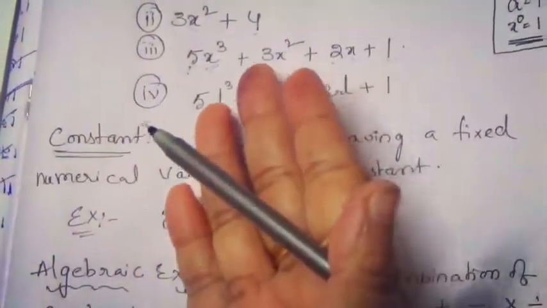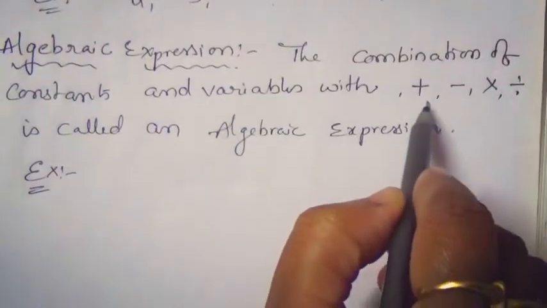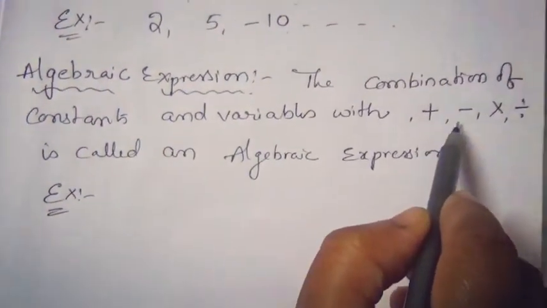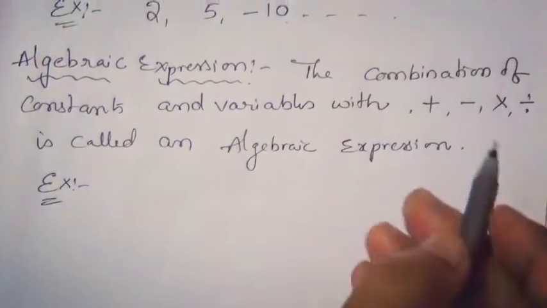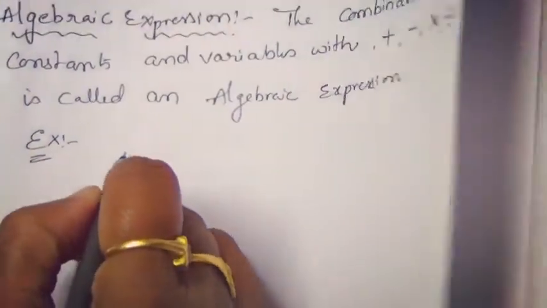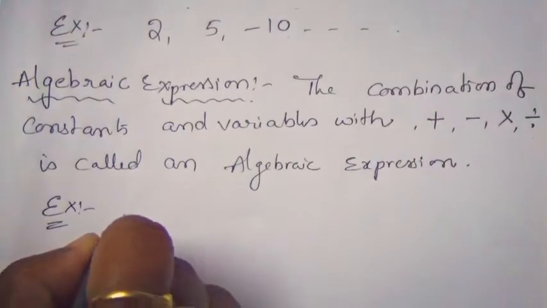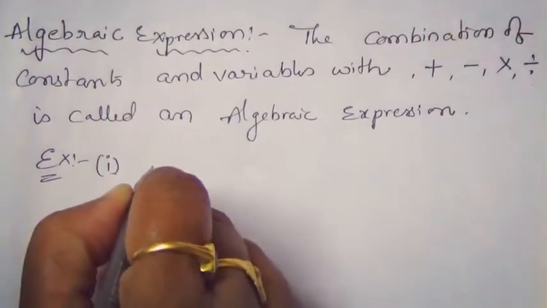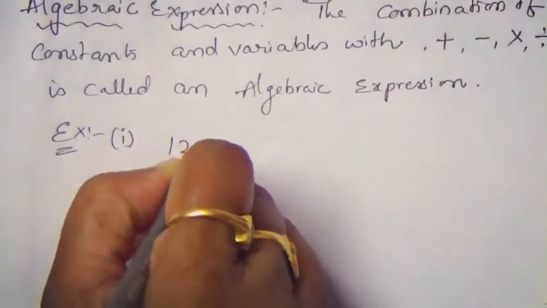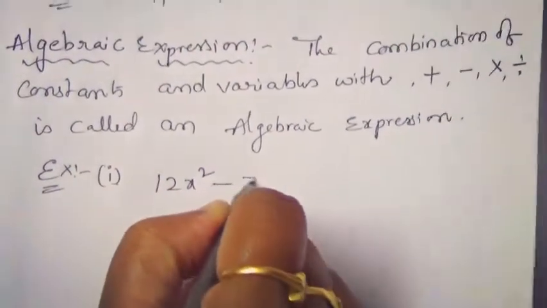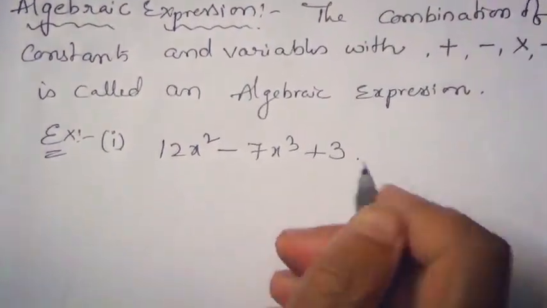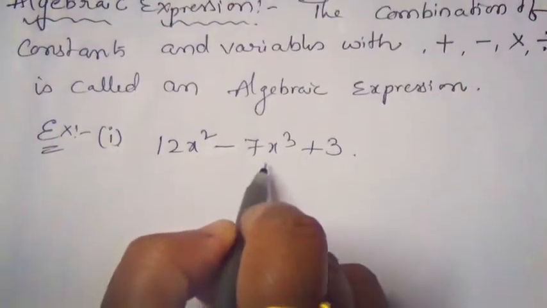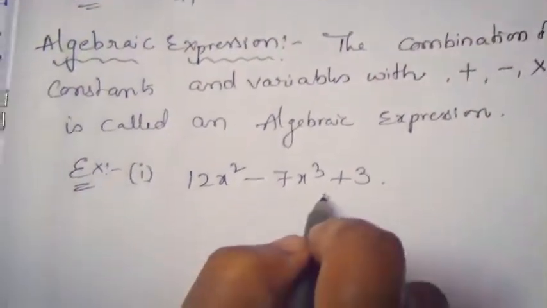We can write this expression by using all of these, right? Plus, minus, into, division, whatever symbol you wish in the algebraic expression. Here the first example is 12x square minus 7x cube plus 3, right? That is an algebraic expression.